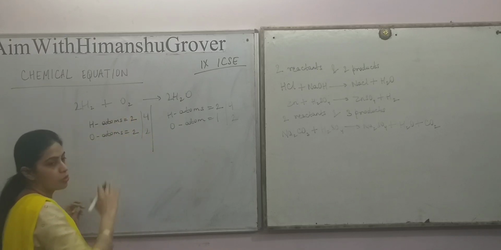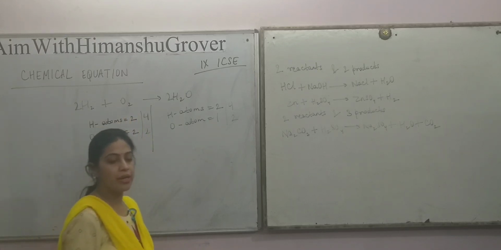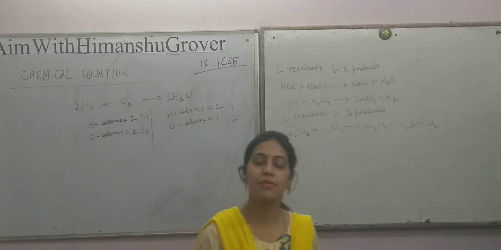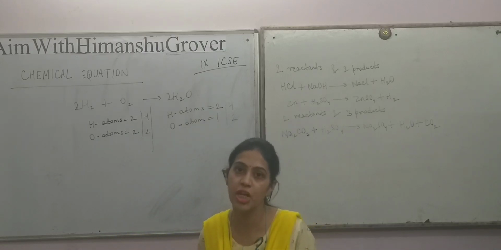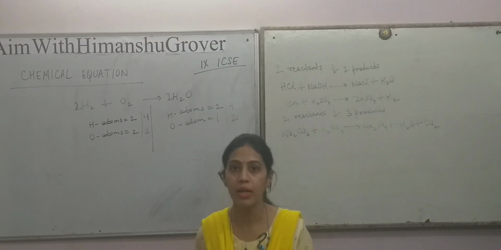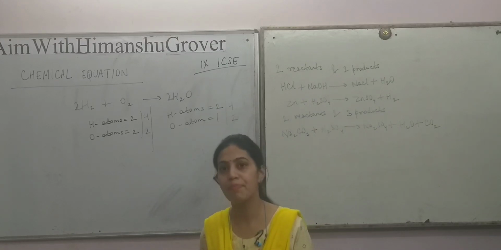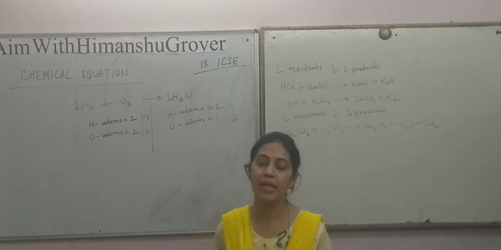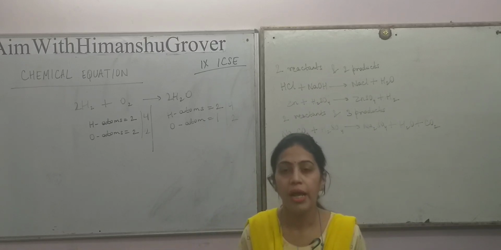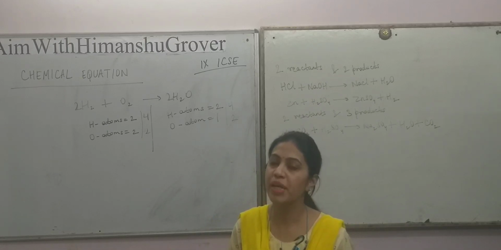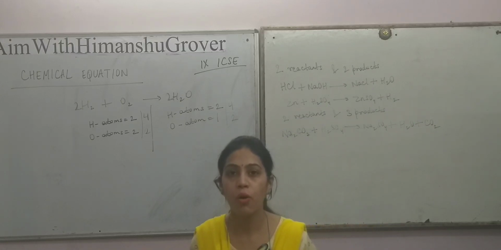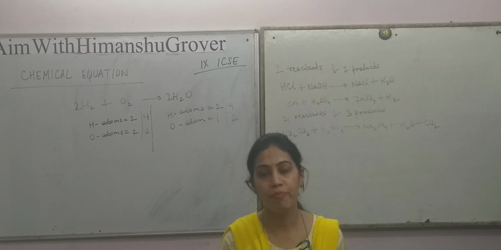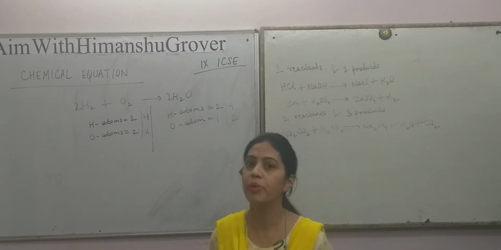So on both the sides of the equation, now the equation is balanced. On both the sides of the equation, the number of atoms of each element now becomes equal. So this equation is balanced now. It is called a balanced chemical equation. And every equation must be balanced. हर एक equation balanced होनी चाहिए, because the law of conservation of matter states that matter can never be created nor be destroyed.